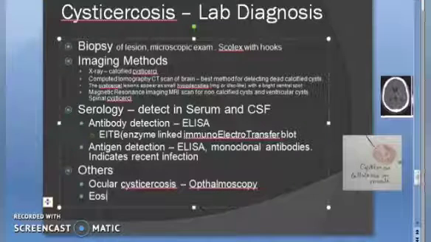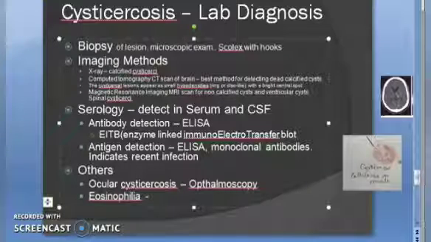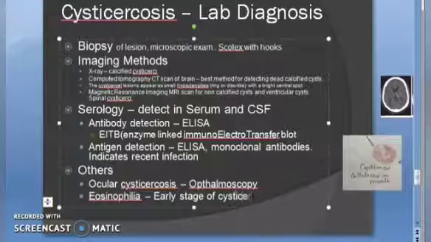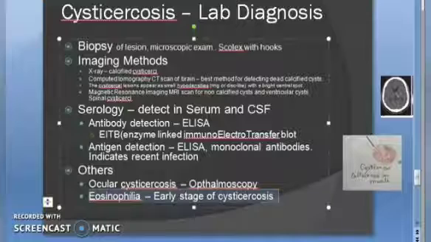Eosinophilia, remember, can indicate the early stage of cysticercosis, and also hookworm infestation usually. So it's not only this, but yes, early stage of cysticercosis. Fine.